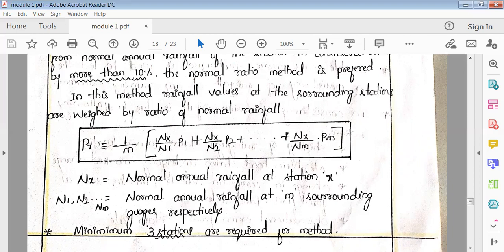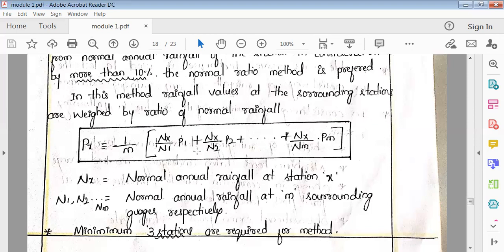That means N1 is the surrounding gauge station, the first station. How is the ratio written here? Nx is the annual rainfall at station X, N1 is the annual rainfall at the first station, into P1. Similarly plus Nx by N2 into P2, and so on up to the last term, Nx by Nm into Pm.